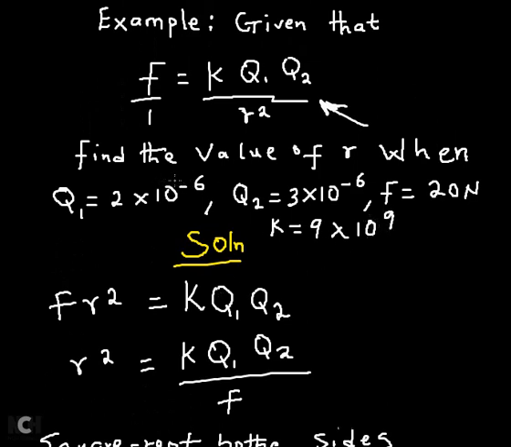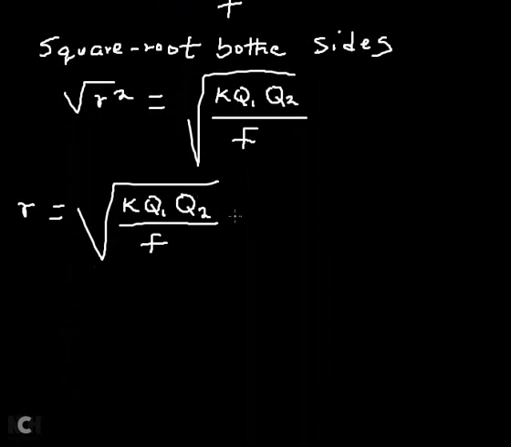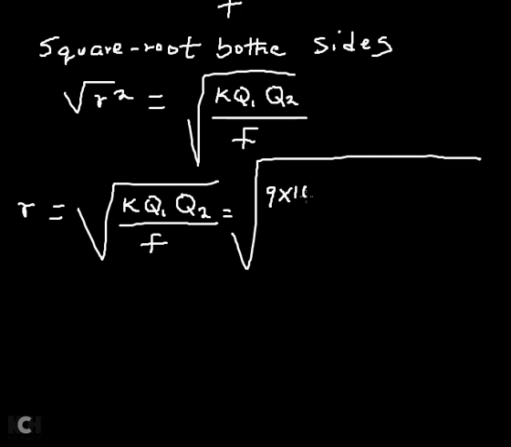Now you notice that all the expressions, q1, q2, and k, are in standard form. So how do we evaluate expressions in standard form? I will use this example to show you. So now I put the values. K is 9 times 10 raised to the power of 9.